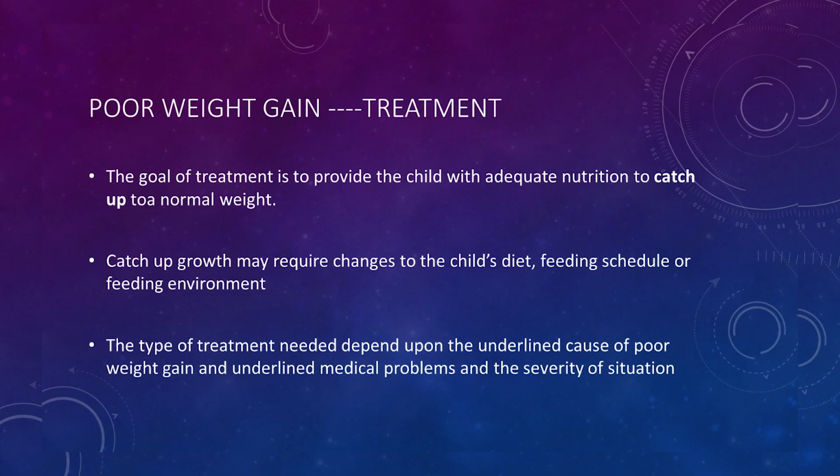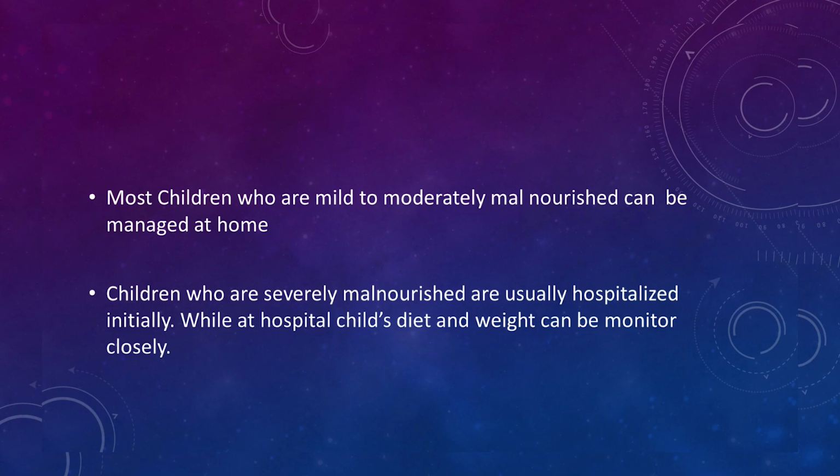The dietary contents, the nutritious food, must be offered to the child. And suppose there are some social problems affecting the child's nutrition, those problems must be removed. Not all undernourished children require hospitalization.